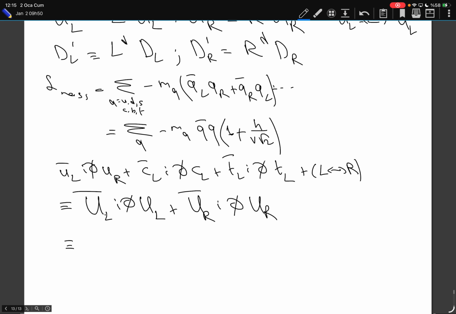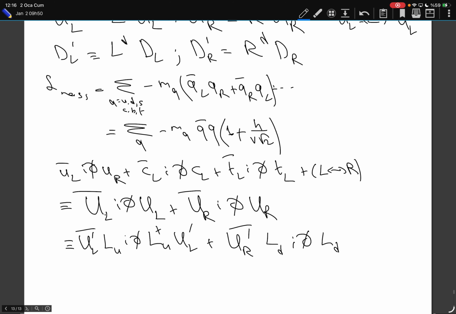So this is UL prime bar LU i del slash LU dagger UL prime. The same thing for the D. UR prime bar LD i del slash LD dagger UR prime.